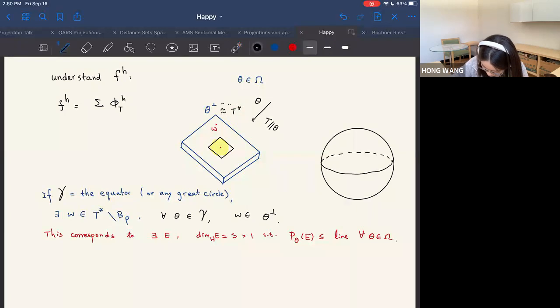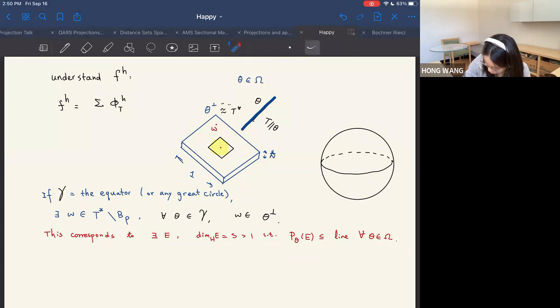Let me try to explain this picture again. We have a direction theta, and then we have a tube T parallel to theta. Then our T star is defined as the 1 times 1 times 1 over n neighborhood, a 1 over n box.